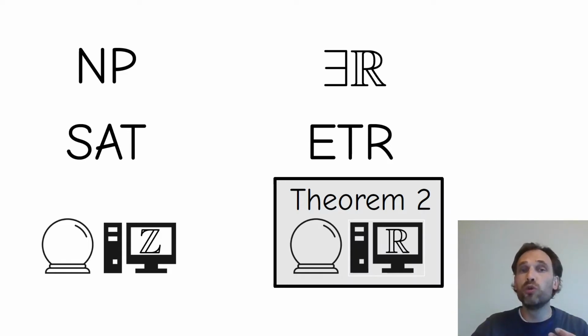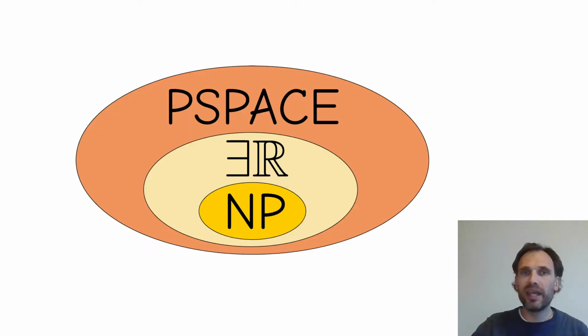Okay, so now you know the definition of ETR. Let me tell you a few more basic facts about it. Okay, so it contains NP. This is trivially true because the word RAM is like a submodel of the real RAM. The real RAM is just more powerful than the word RAM, so that's easy.